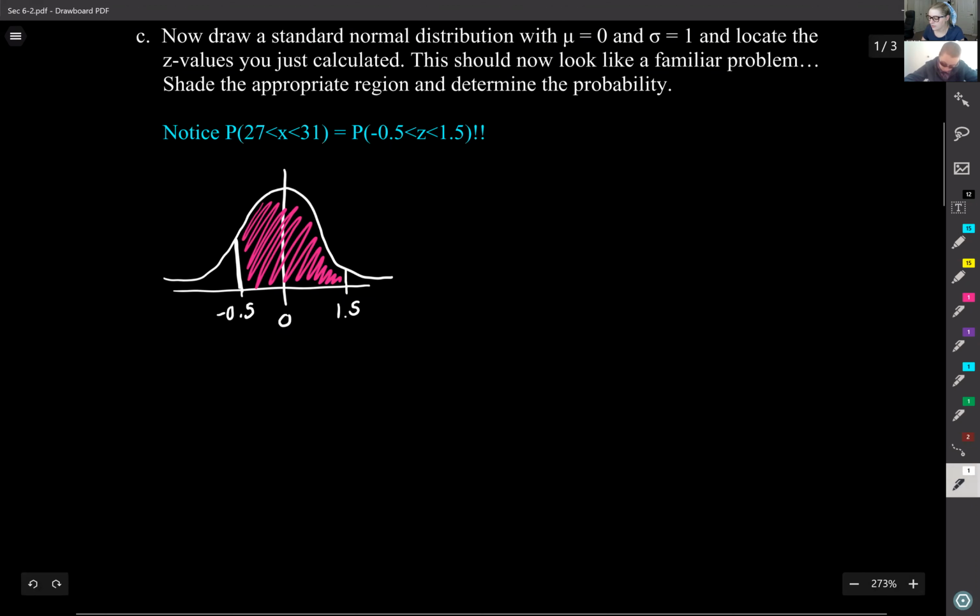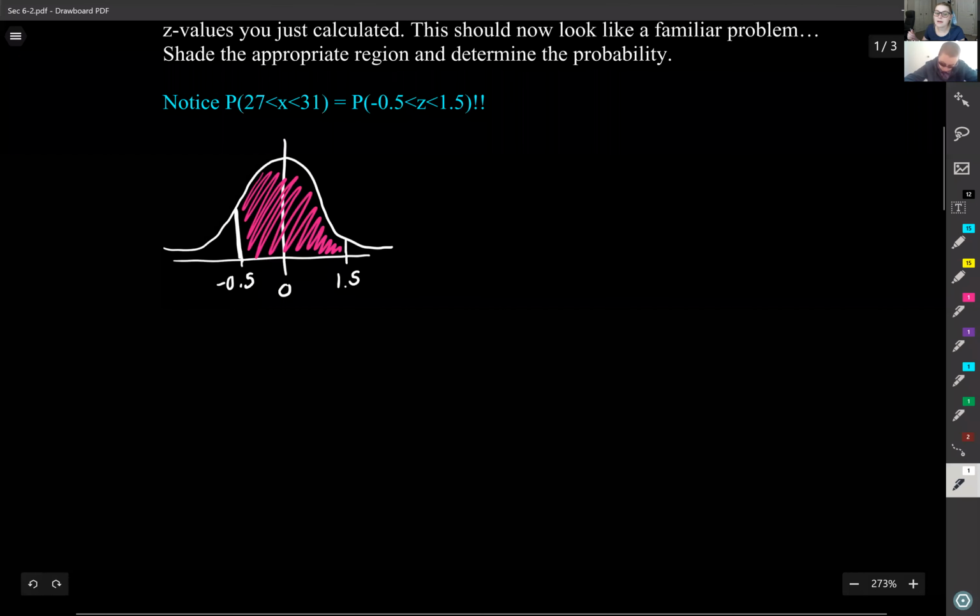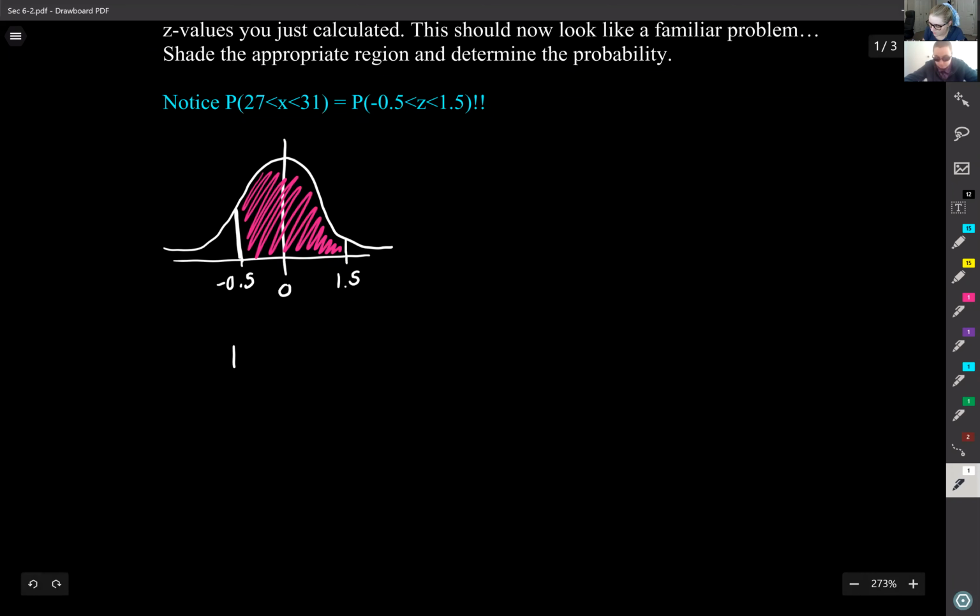So if you remember what we did last time, now we would look for our table values at these z-scores.